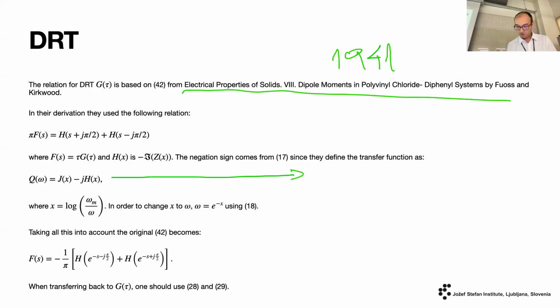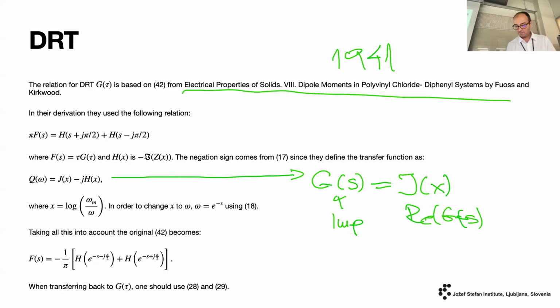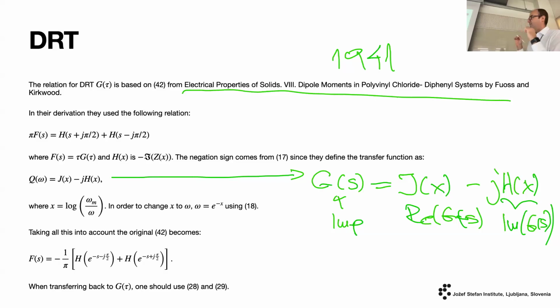This relation. It says, if we have a transfer function, or in our case, impedance, which is a complex function, we can divide it into its real part, real of G over S, minus j times the imaginary part, imaginary of G over S. And the DRT, the distribution of relaxation time, is defined by this.